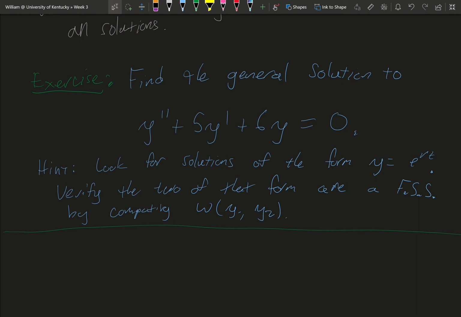Okay, so let's do it. If y is e to the rt, then y prime is r e to the rt, and y double prime is r squared e to the rt.